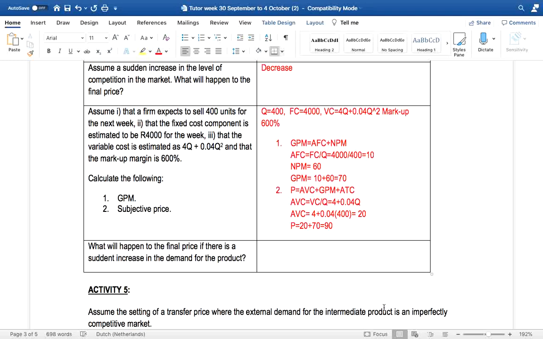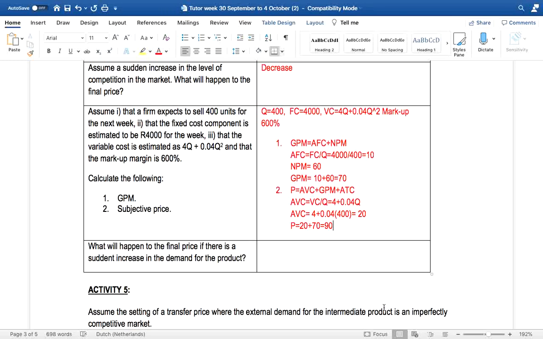The last question. What will happen to the final price if there is a sudden increase in the demand for the product?